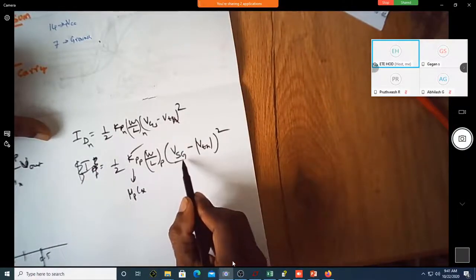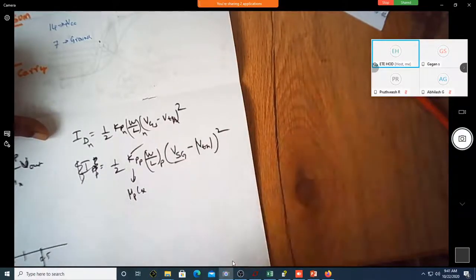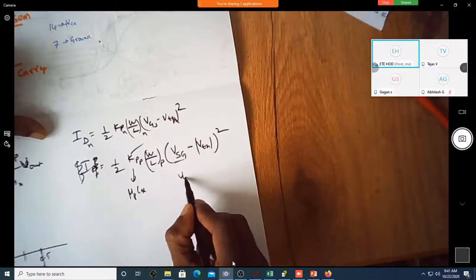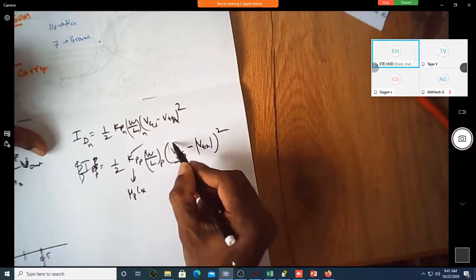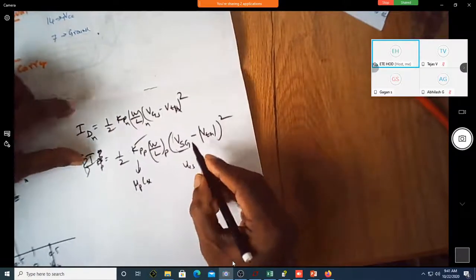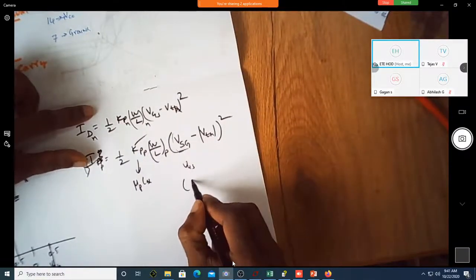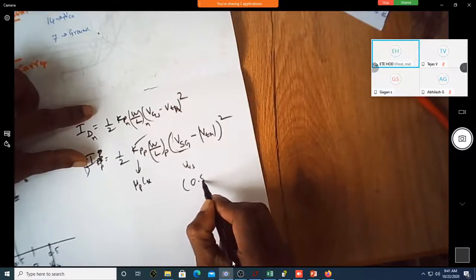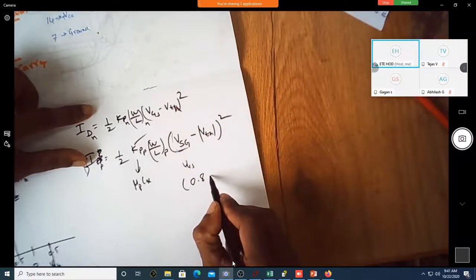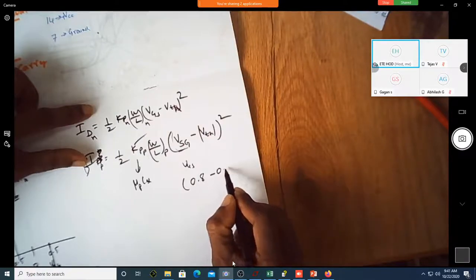See, why am I writing it as VSG instead of VGS? Because the source is at higher potential. Suppose if I write it as VGS, this quantity will become negative since I put this as magnitude. So assume VSG is around 0.8 volt. Now I'm writing the negative of it, and this is minus of 0.5, whole square.